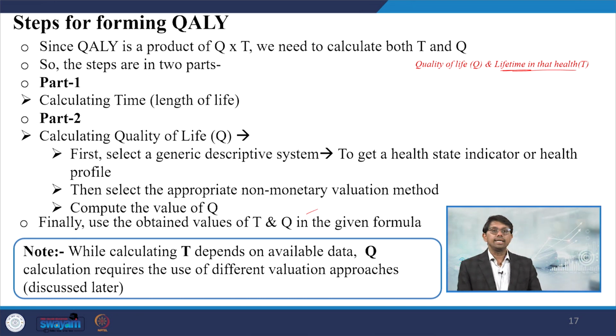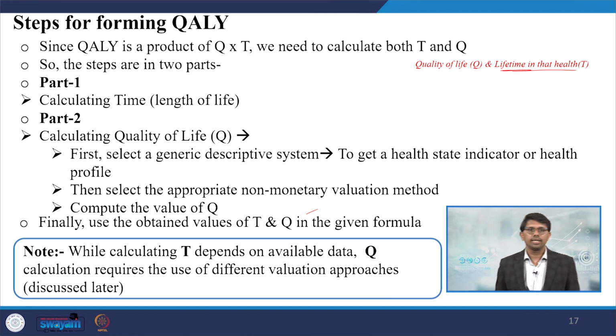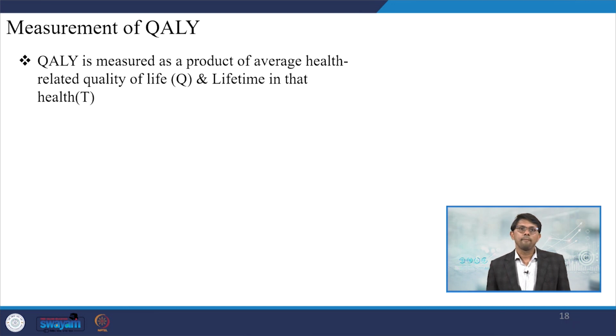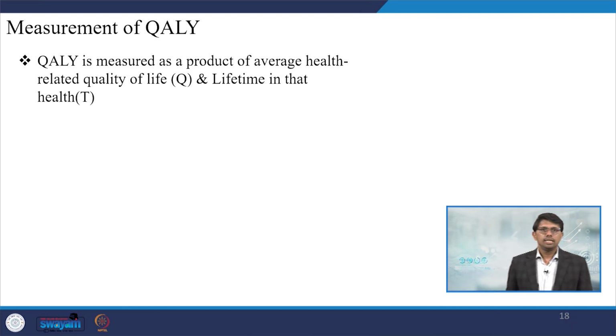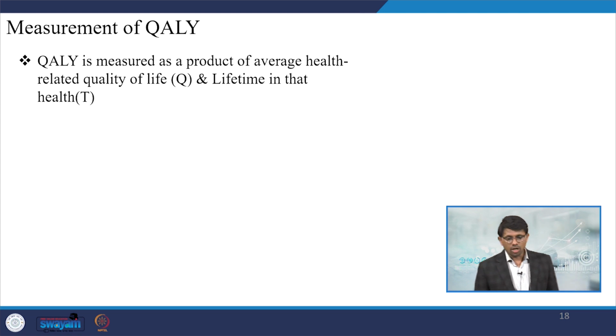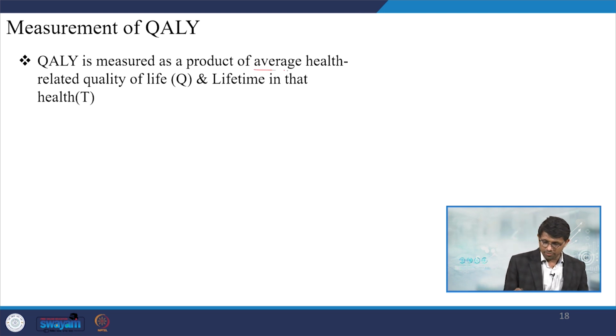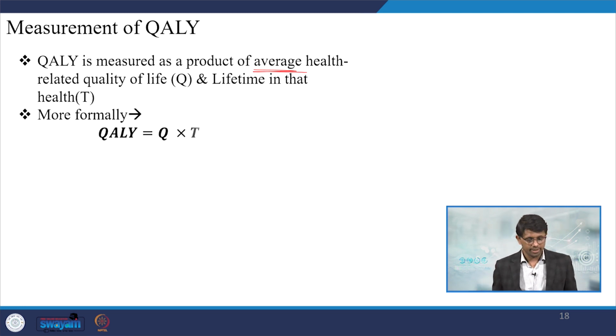While calculating T depends on available data, Q calculation requires the use of different valuation approaches, which will be discussed later. So, QALY is measured as a product of average health related quality of life and lifetime in that health.